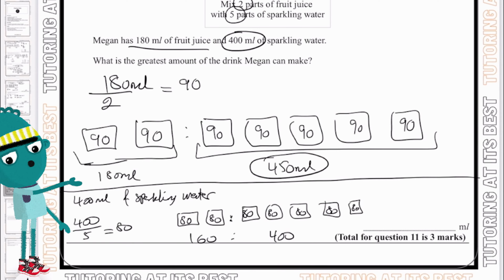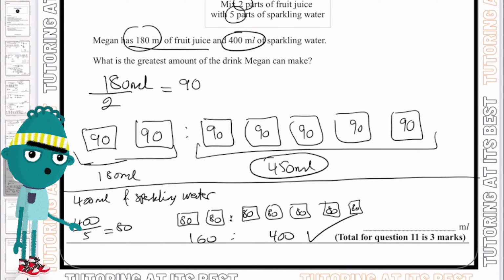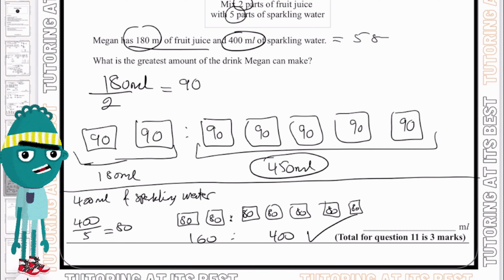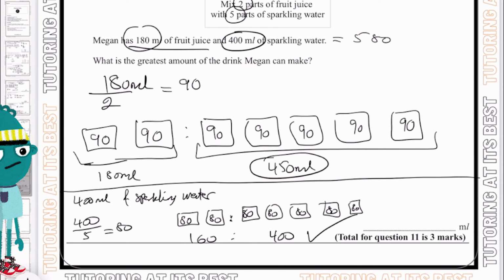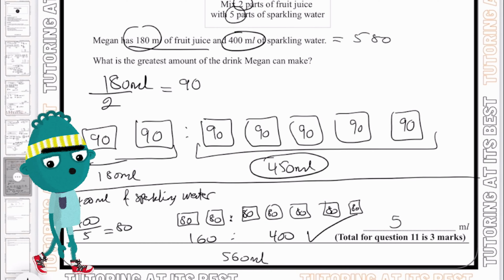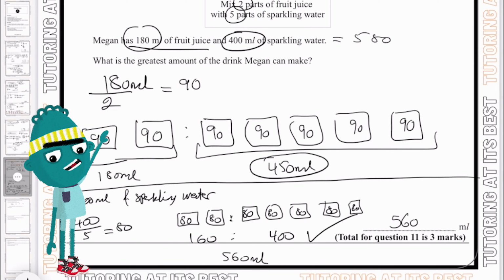So once again, we know that works really well, because in total we have 180 and 400, which gives us 580. And when we work with 400 milliliters of sparkling water, we get 560 milliliters. So the greatest amount of drink that Megan can make is 560 milliliters.